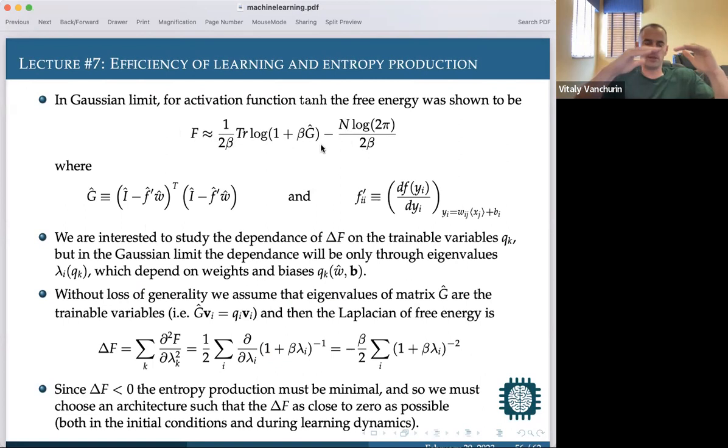At late times, we know that each neuron develops two peaks. They start classifying, so Gaussianity breaks down. But the Gaussian limit is what allows us to make these calculations and write the answer.